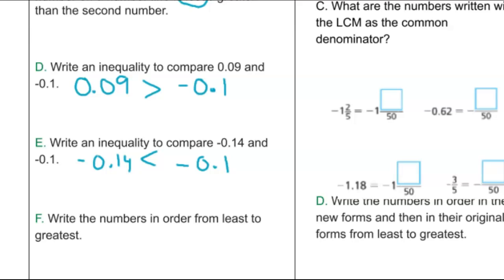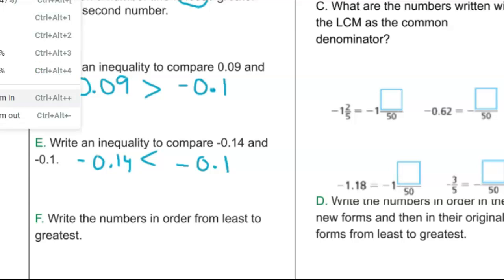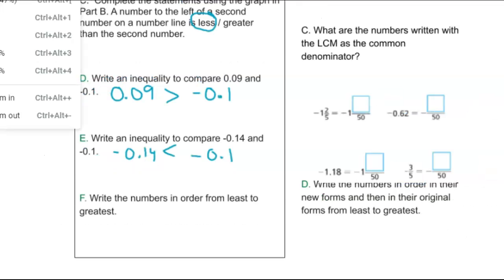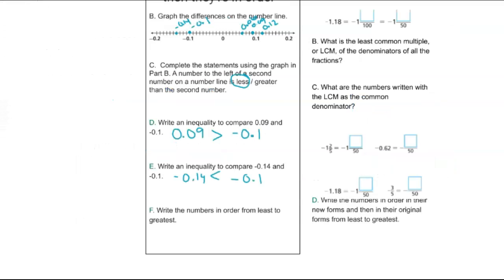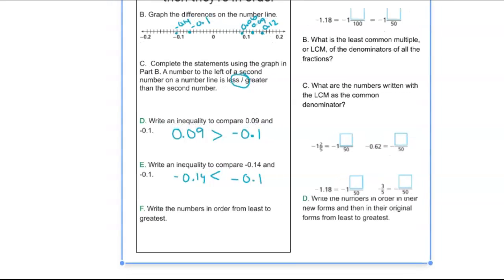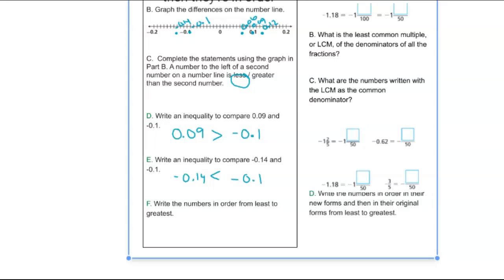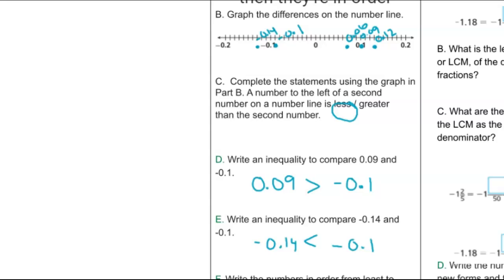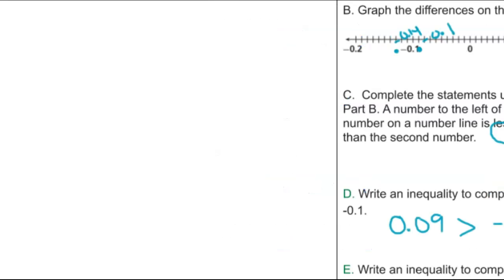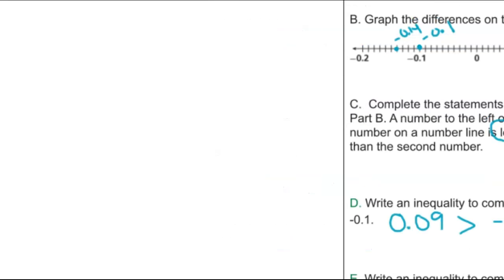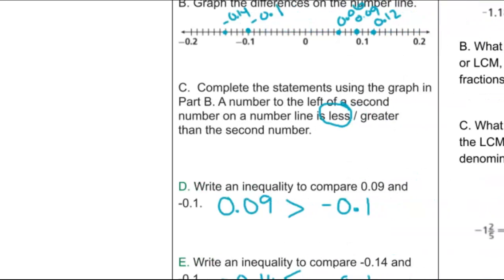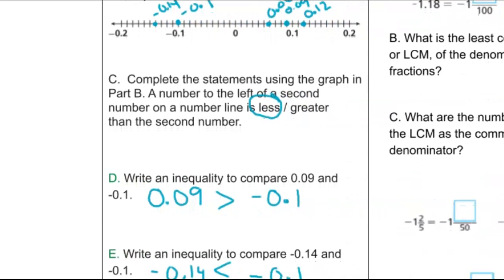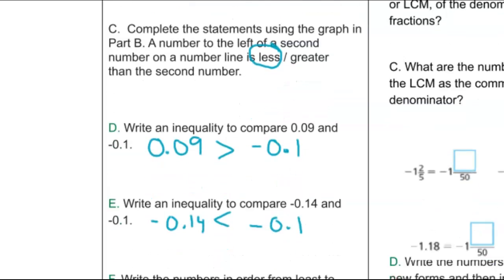And now we're going to write them in order from least to greatest. I am going to zoom out so I can see the number line and my problem at the same time. Our first one is negative 0.14.